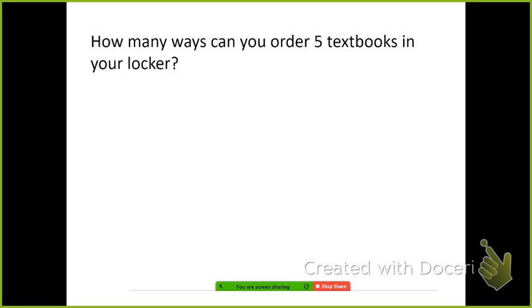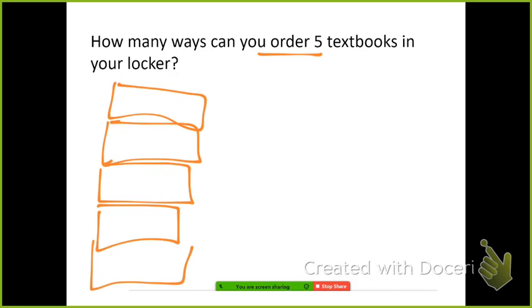So an example of a permutation would be ordering, right? That's a key word right there, order. How many ways can you order 5 textbooks in your locker? Let's say you have them stacked up, 1, 2, 3, 4, and 5. Let's say you've got a math, history, science, gym textbook, and a foods textbook.